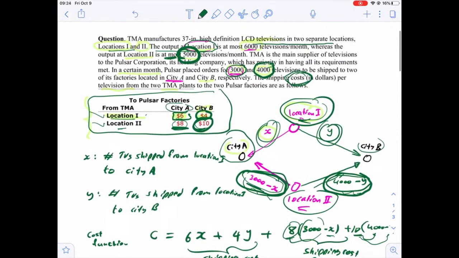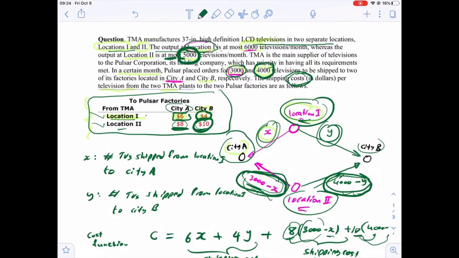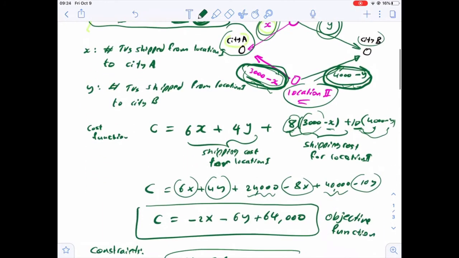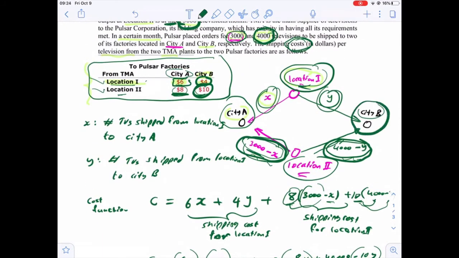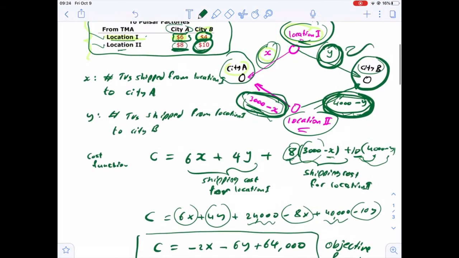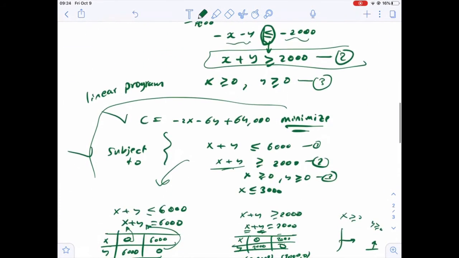And we know that the order for city B, we need to ship 4,000. So we want to ship to city B 4,000, and the variable is y, so y cannot exceed 4,000 in this case, right? So we have the constraint y is less than or equal to 4,000.